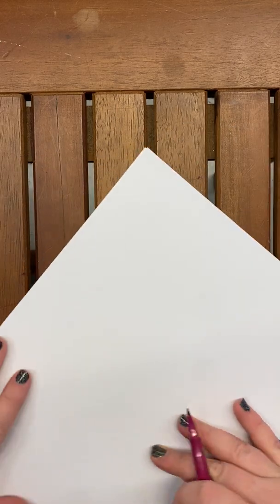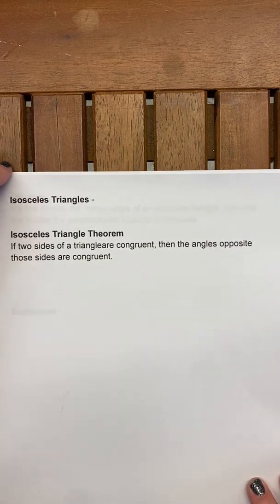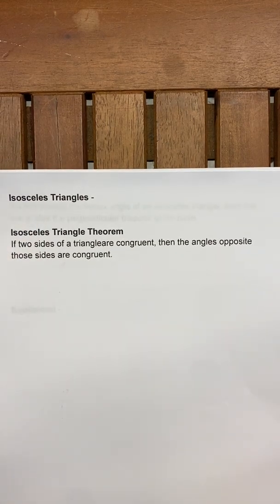That is the first day of lessons we had. All right, the second day of lessons that we had was on isosceles triangles. And I know I'm going kind of fast. You can stop it and rewind it to watch whenever you want to.